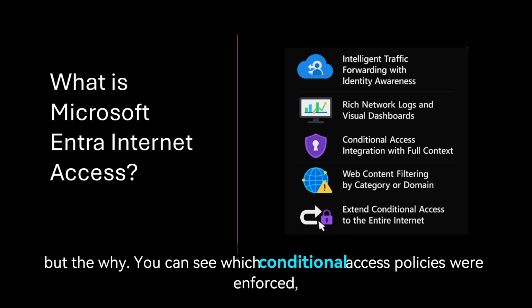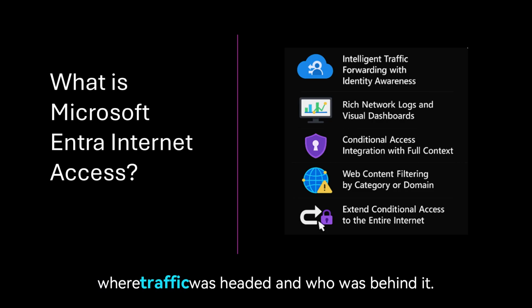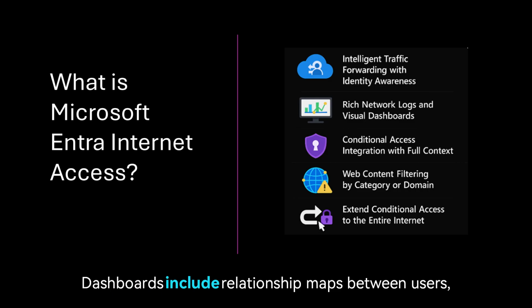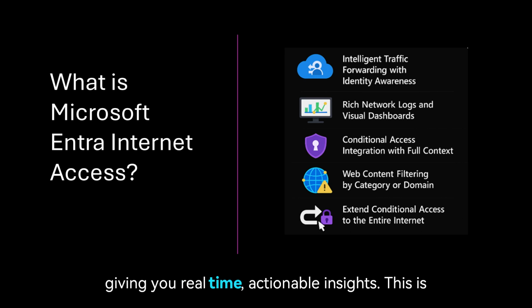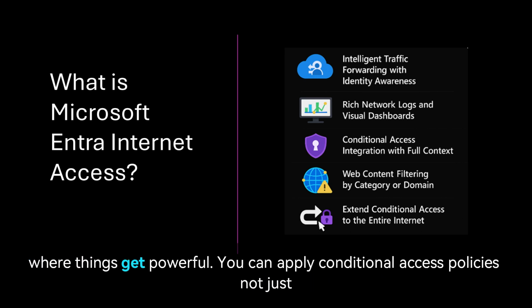You can see which conditional access policies were enforced, where traffic was headed, and who was behind it. Dashboards include relationship maps between users, devices, endpoints, cross-tenant access trends, and the most accessed network destinations, giving you real-time, actionable insights.